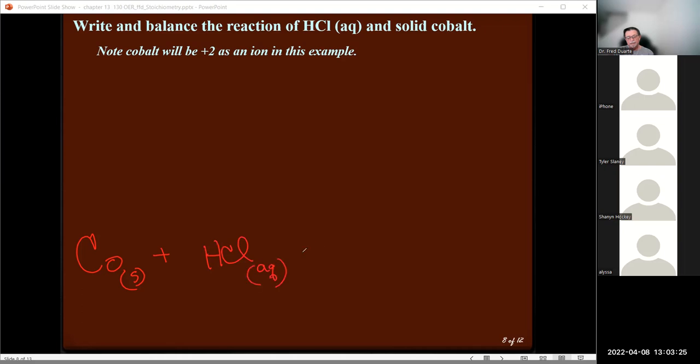Now, what type of reaction would you say this would be? Does anybody have an idea? Is it an acid-base reaction?